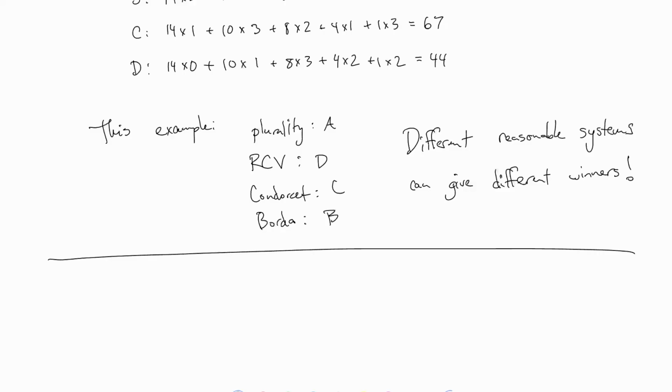One conclusion to this whole realization, if different systems give you different answers, is maybe we just shouldn't do it this way. Maybe we shouldn't vote at all, which to me is not a good conclusion. My own opinion, as a citizen of the land of the free but also a mathematician, is that I actually do believe in democracy, and I think that voting is the way that we should decide things.